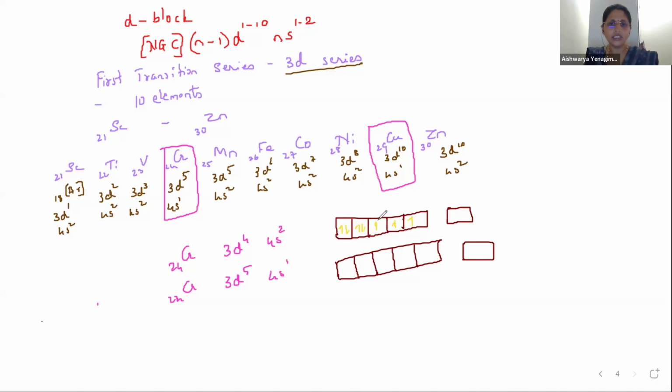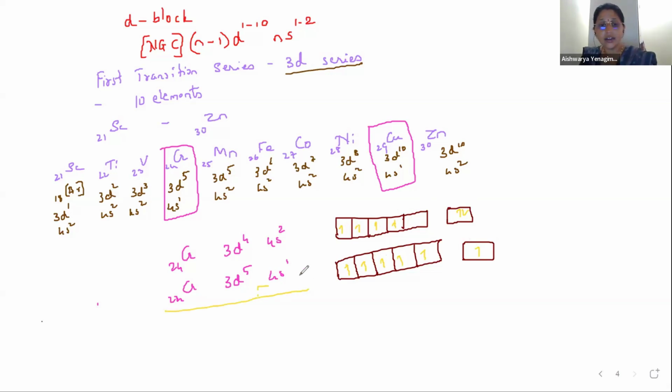So it would be 3d4 and 4s2. But here it is 1 2 3 4 5 in the d subshell and 1 in 4s. So why is the electronic configuration of chromium this, why is this correct?